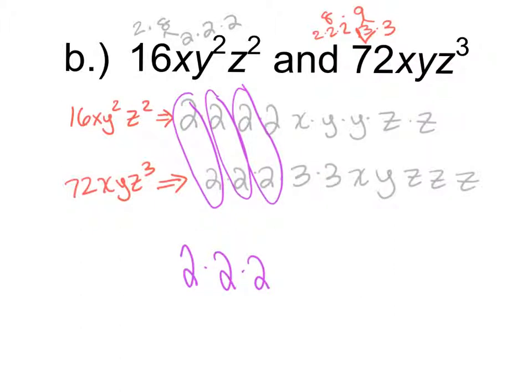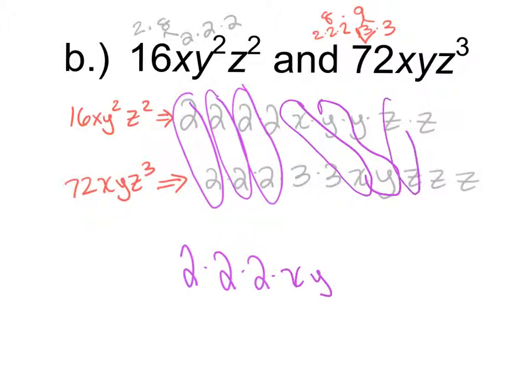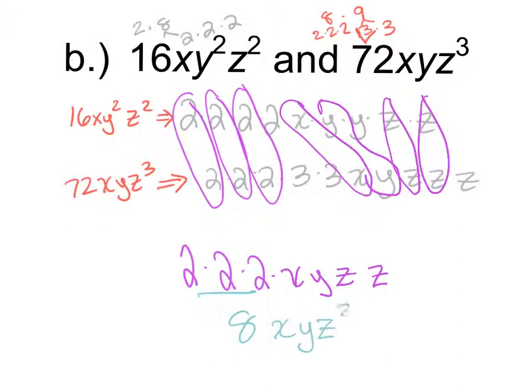Now, variables, I have an x, and so does the bottom one. There's a y that we have in common, and there's 2 z's. This multiplies to 8xyz squared.